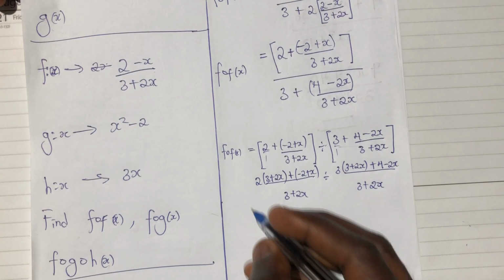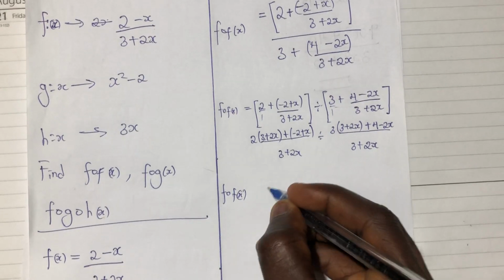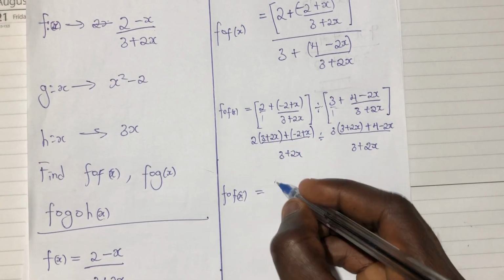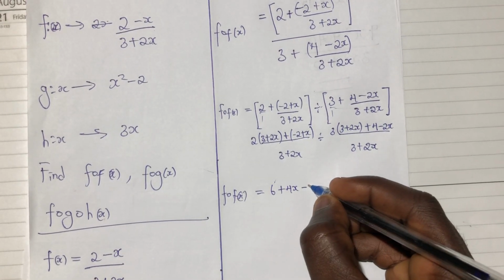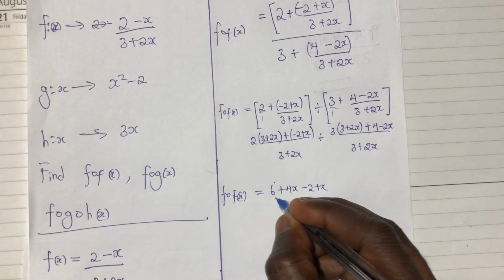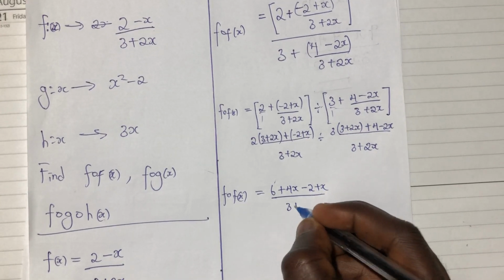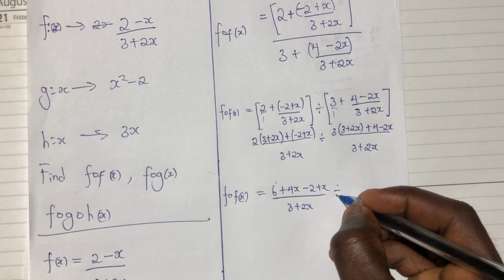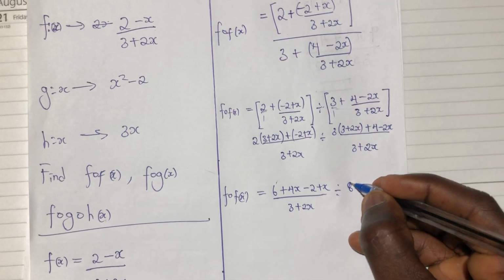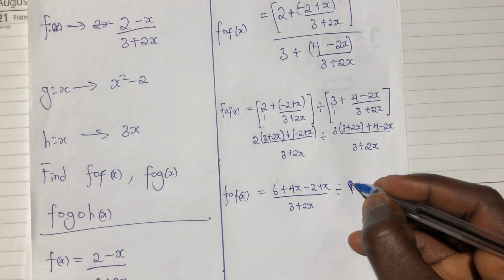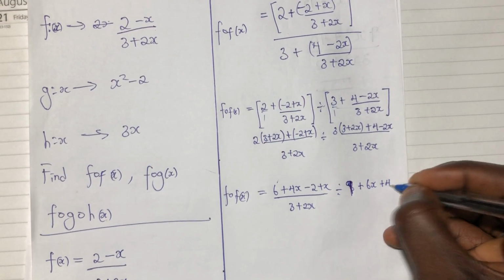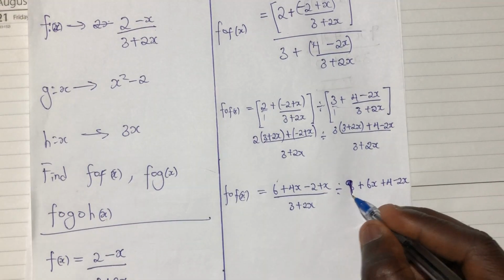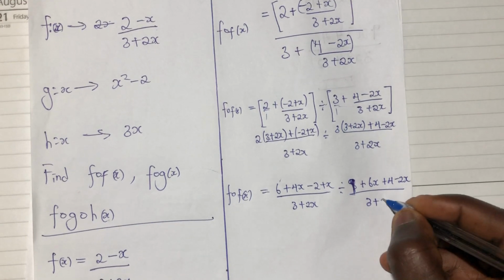So our f of f of x will give us 6 plus 4x minus 2 plus x out of 3 plus 2x divided by 3 times 3 plus 2x, which will give us 9 here. So 9 plus 6x plus 4 minus 2x all over 3 plus 2x.